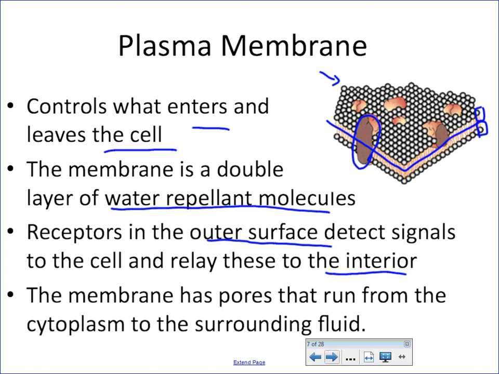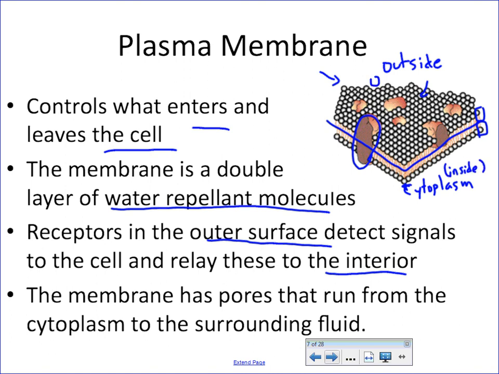So going back to our cell diagram, if we consider this area here, the outside of the cell, and then this bottom layer here, connected to the cytoplasm of the cell, this would be the inside of the cell.